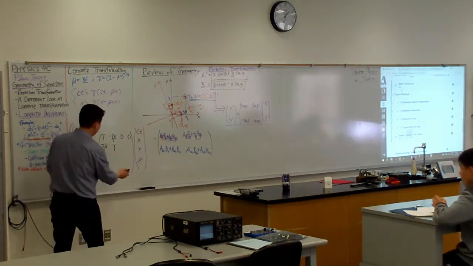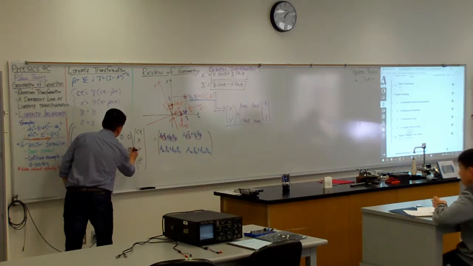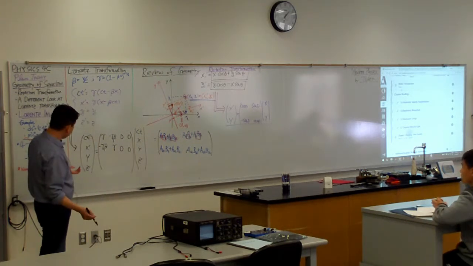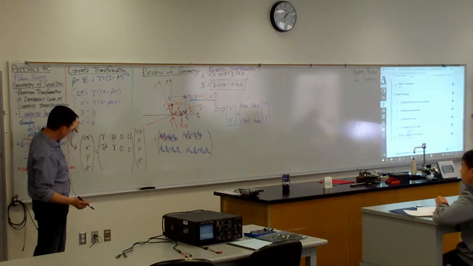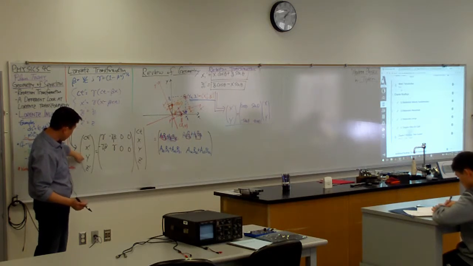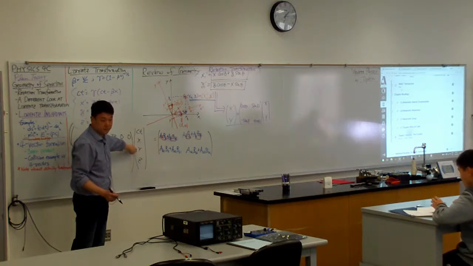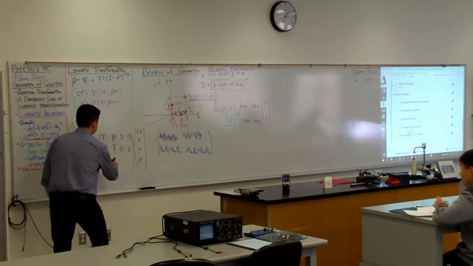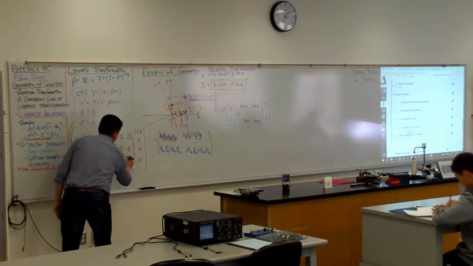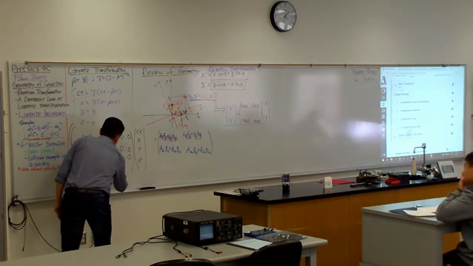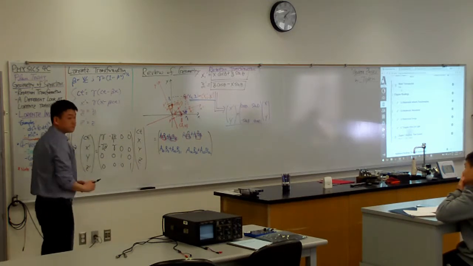Then I don't want y or g, so it's 0 and 0. The remaining actually becomes pretty simple. To get these two equations, you want y prime equal to 0 times this, 0 times this, 1 times this, and 0 times g. So it's 0, 0, 1, 0, 0, 0, 0, 1.